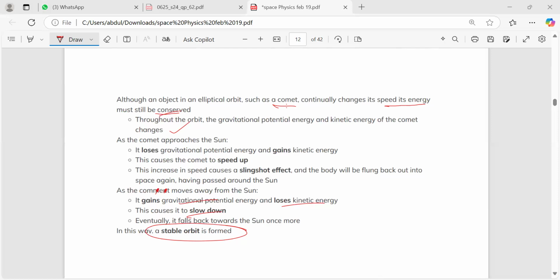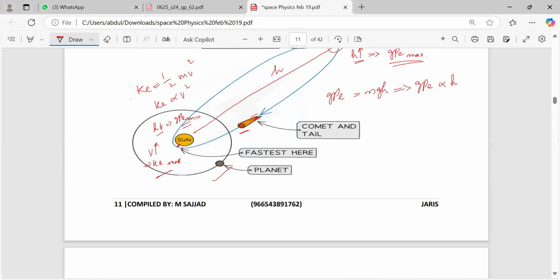As the comet approaches the sun, it loses gravitational potential energy and gains kinetic energy. The reason, as I shared, is that when it approaches the sun, the distance between the comet and the sun is minimum.